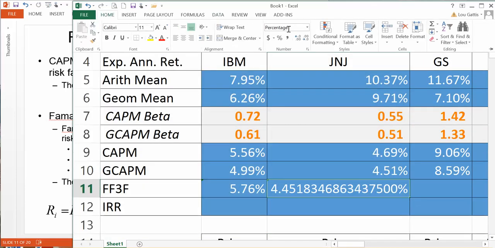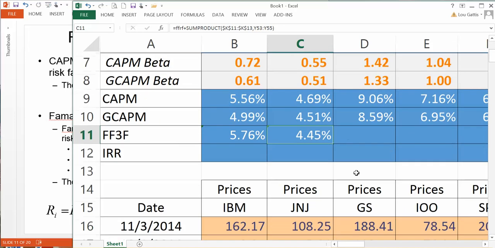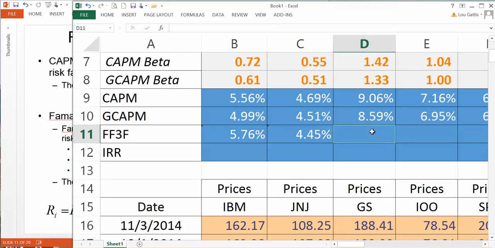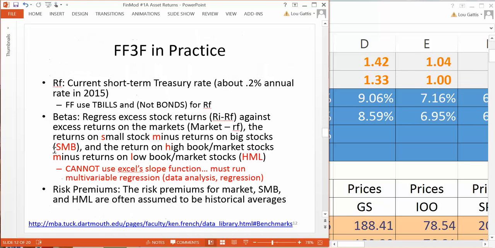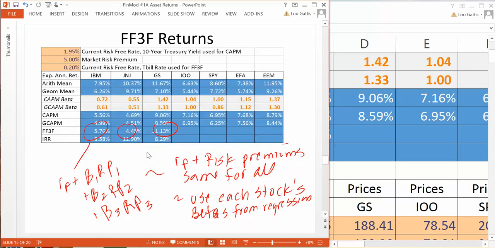Change that format back. So there's my J&J return based on Fama-French. And if you did the last one, you'd find that you get an expected return using Fama-French of 11% for Goldman Sachs.